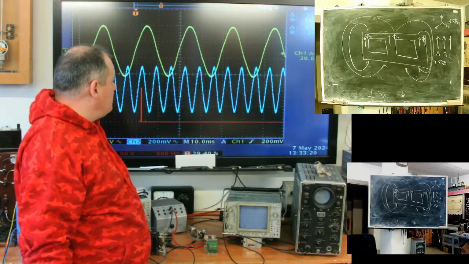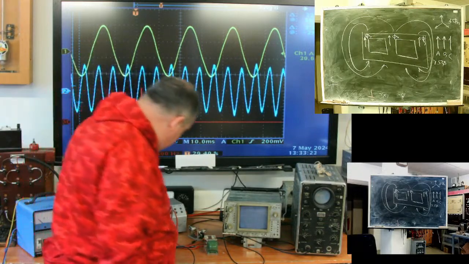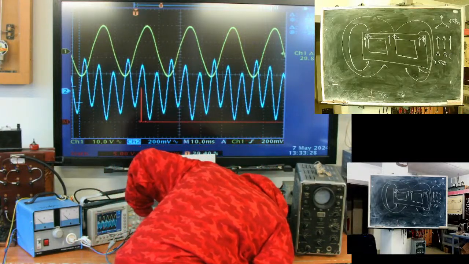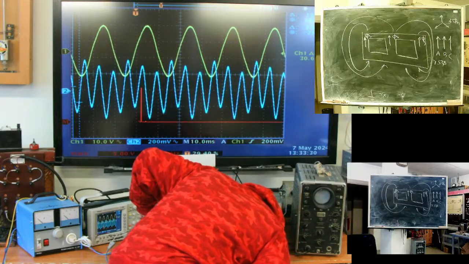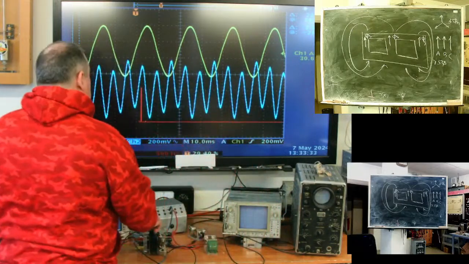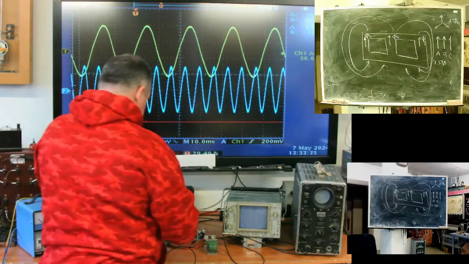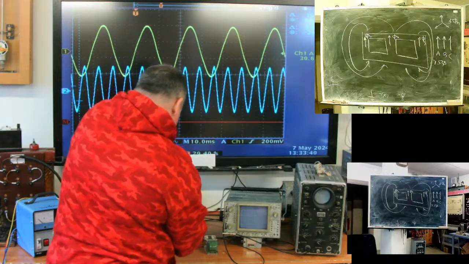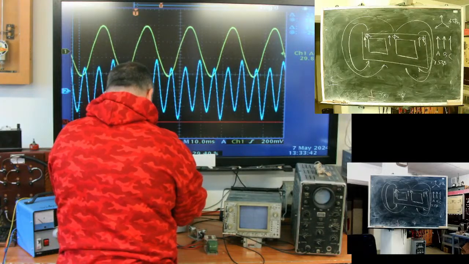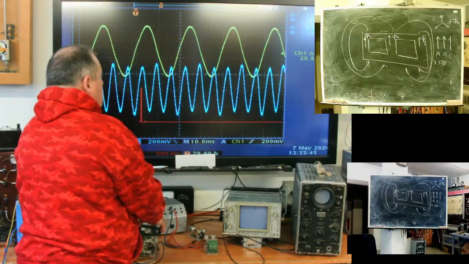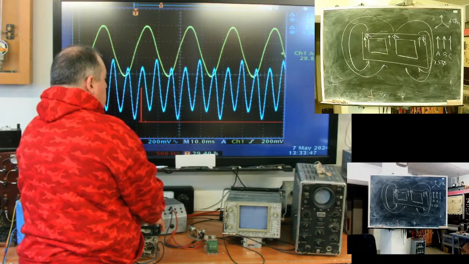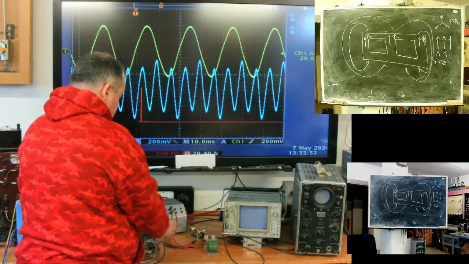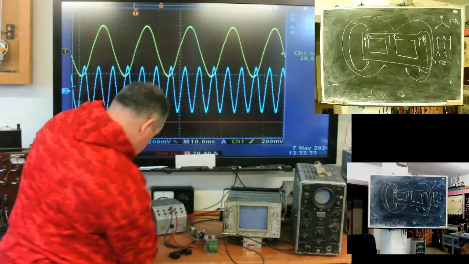Check voltage. I'm adding the path for the zero sequence or for the third harmonics.